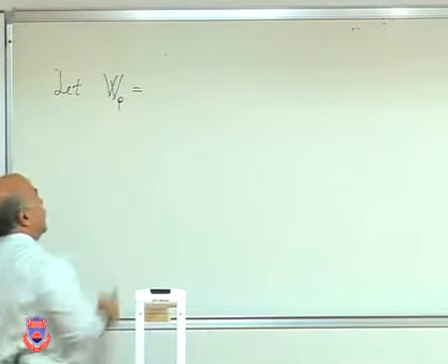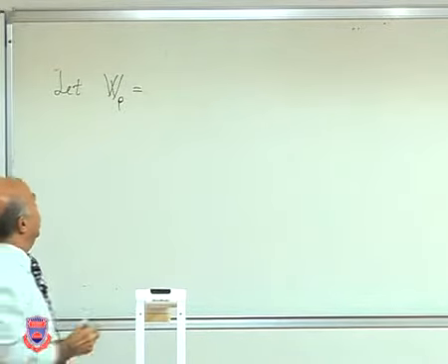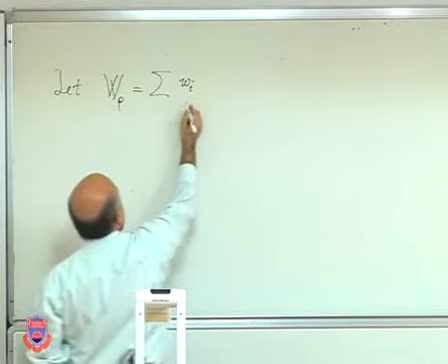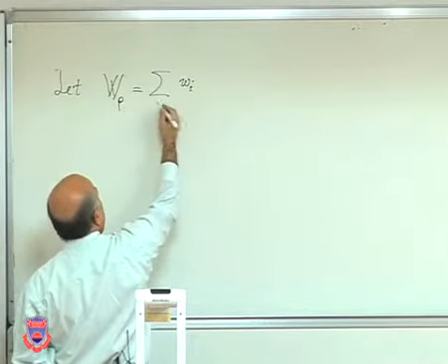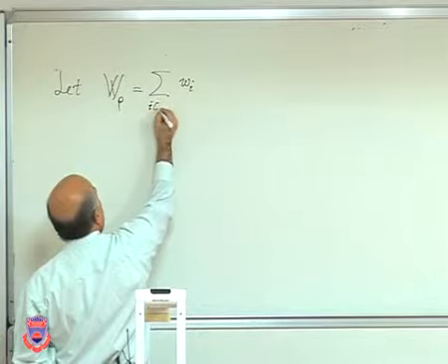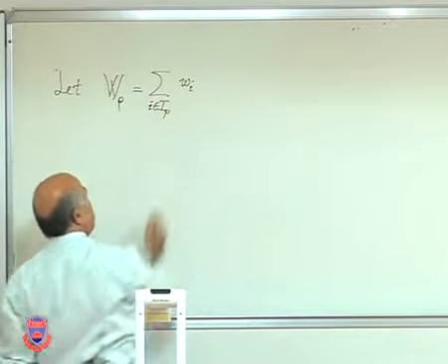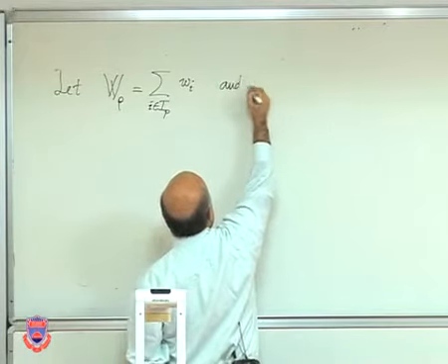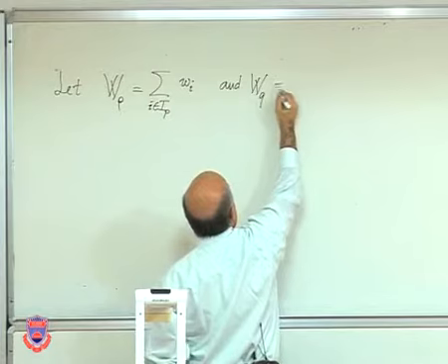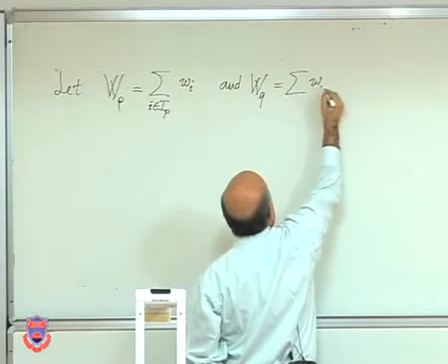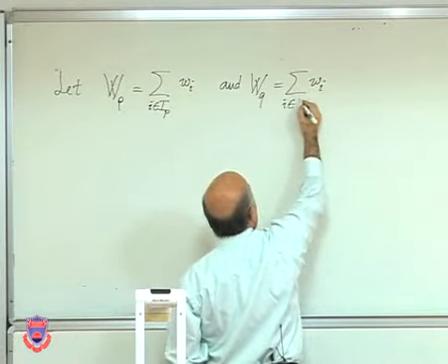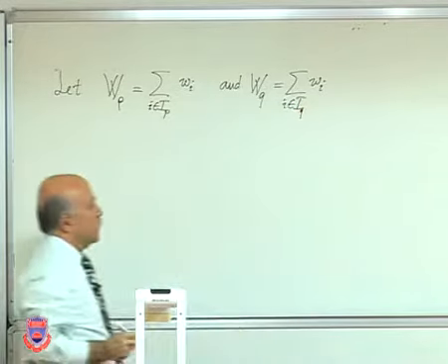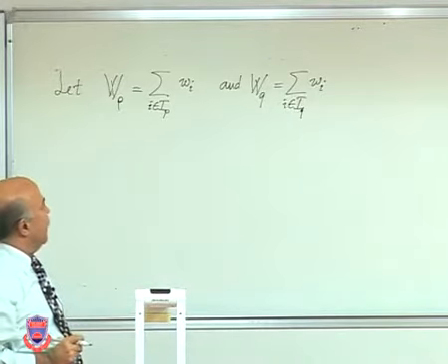Let me define capital WP to be the sum of the weights of the vertices where i belongs to the first subset. And WQ is similar.